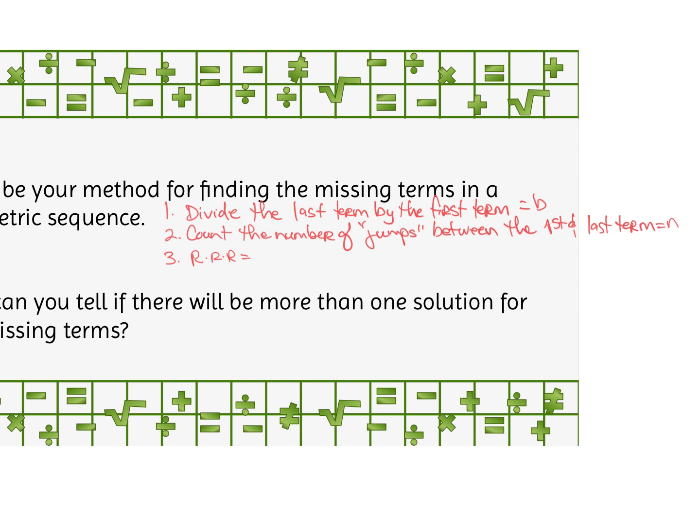Let's label that as N. So we are writing our ratio being multiplied N number of times, and that's going to equal our division number, B.